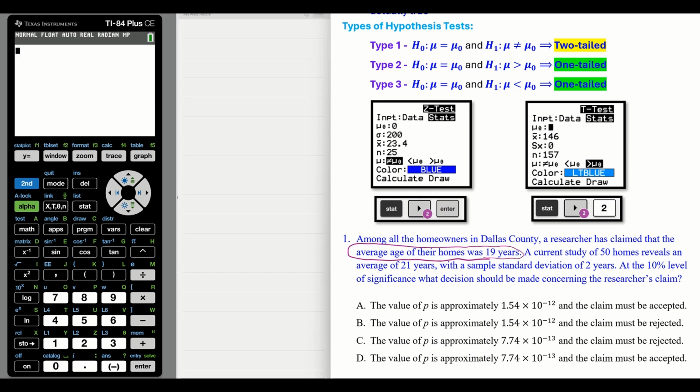A current study of 50 homes reveals an average of 21 years. This is our N, 50, with a standard deviation of 2 years. At the 10% level of significance, what decision should be made concerning the researcher's claim?